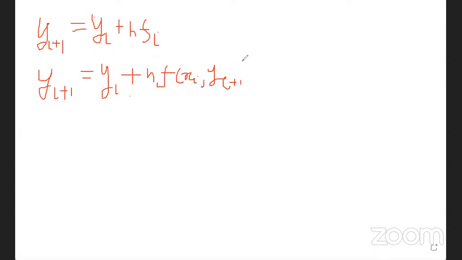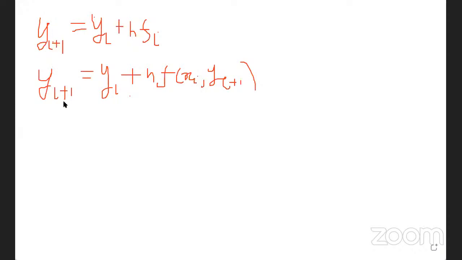If you look at the first case, the unknown is sitting on the left hand side and everything known is on the right hand side. That is why this formula is known as the explicit Euler method.